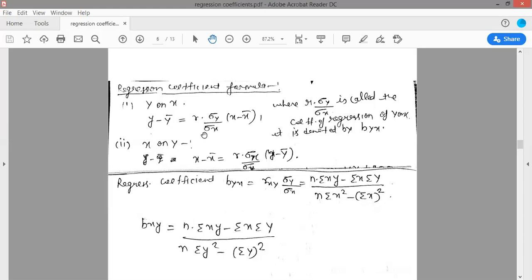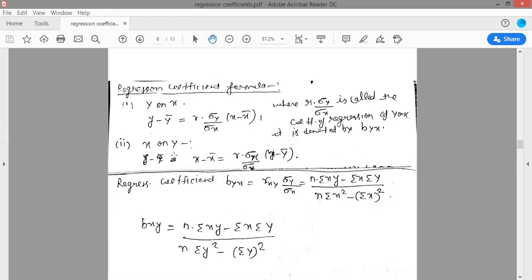This term, r into sigma y upon sigma x, is called the coefficient of regression of y on x, and it is denoted by b y x. So if b y x is written, that means it is the regression coefficient of the y on x line.